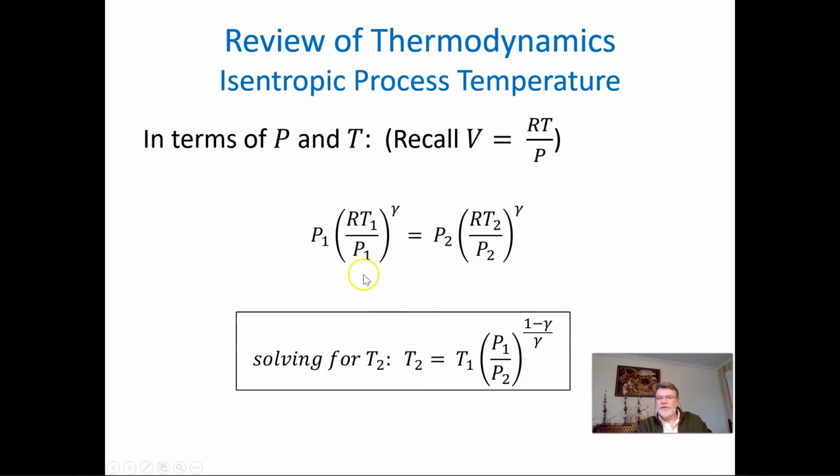And so we get a simplification here, canceling out R, the gas constant, as long as it's the same gas on both sides, but it should be. Finally, you get this equation down here, solving for T2, and you get the temperature at state 2 equals the temperature at state 1 times the pressure ratio to the gamma here.